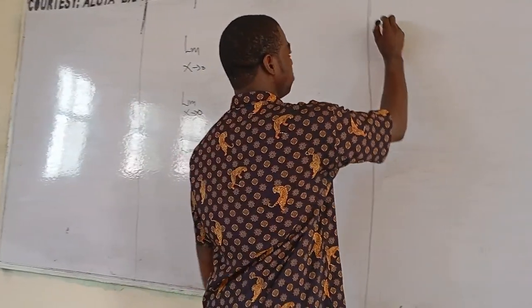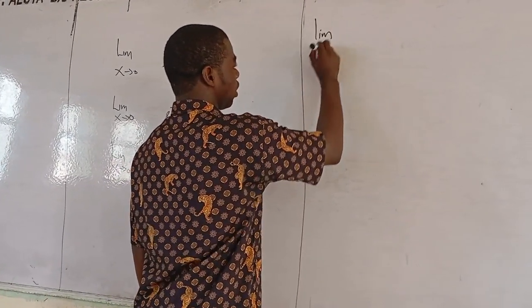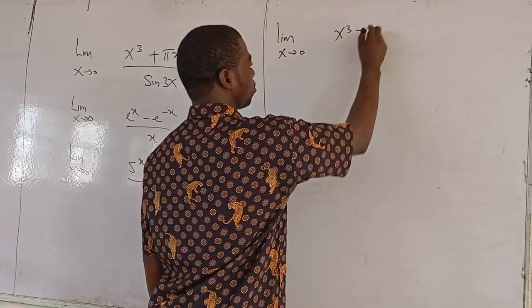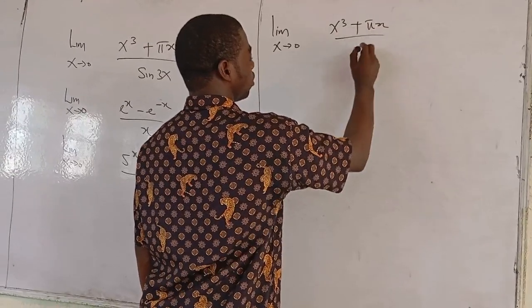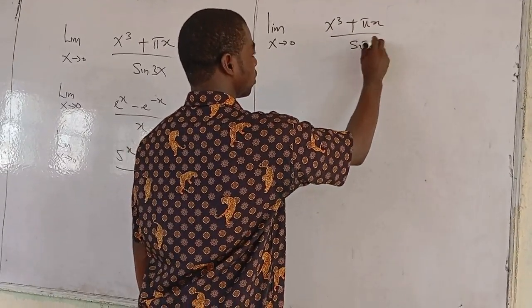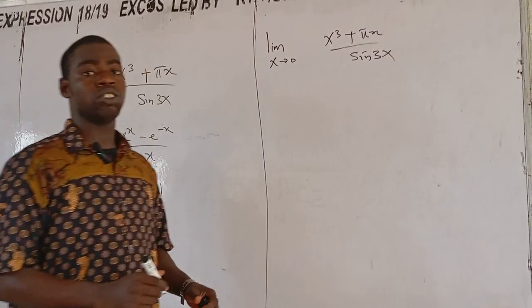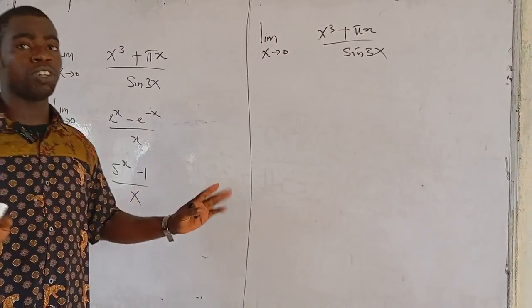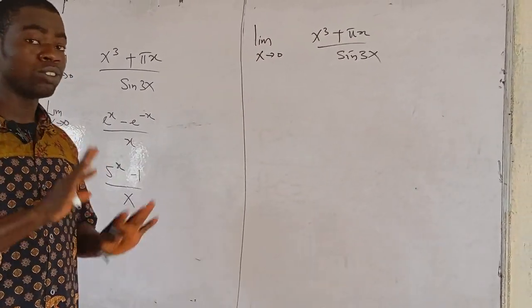So for number one, the limit as x approaches 0 of x cubed plus pi x all over sine 3x. What we'll do is differentiate the numerator and the denominator separately, not by quotient rule.